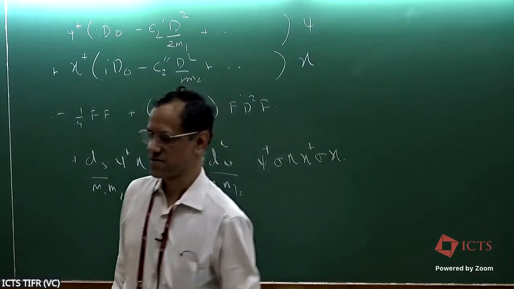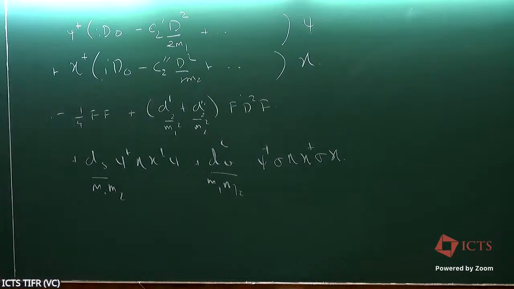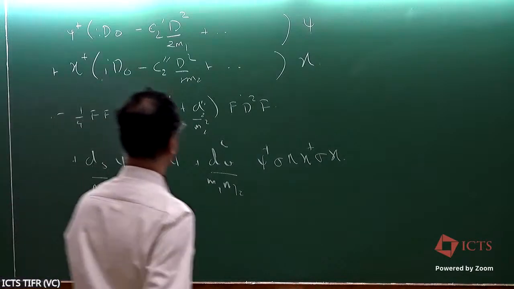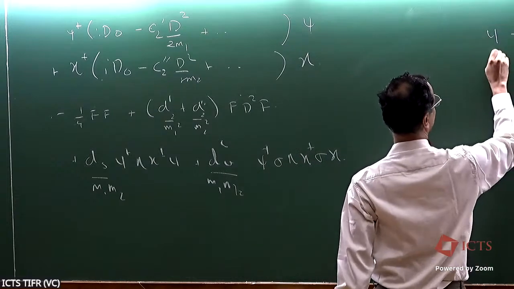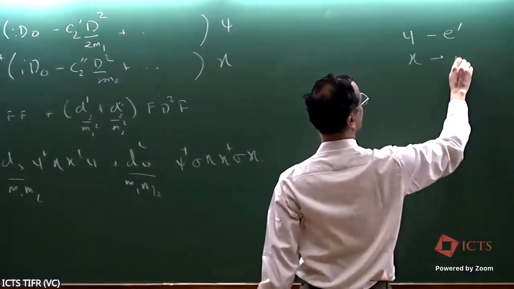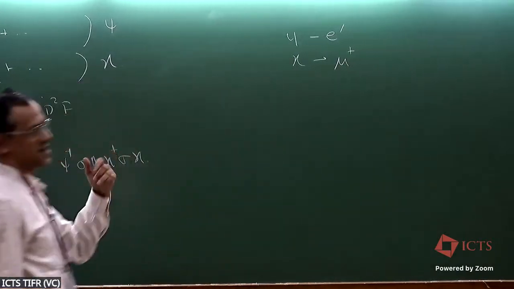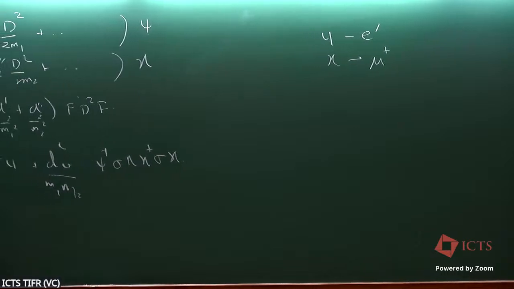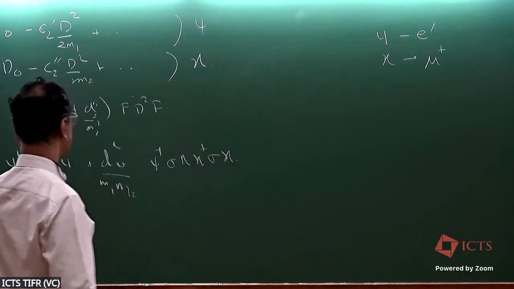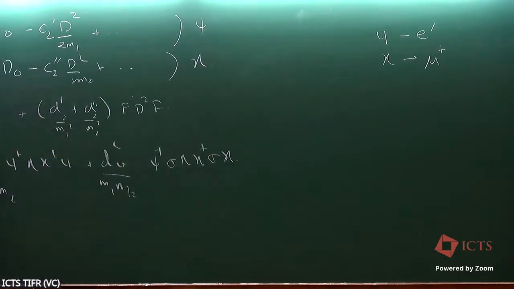So the idea is that, let's say I have a field psi describing the electron, and a field chi describing the antimuon, so that they can form a bound state. The dynamics is non-relativistic in that case because the coupling is weak.